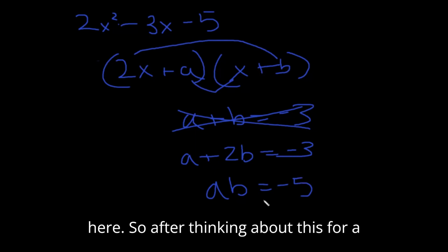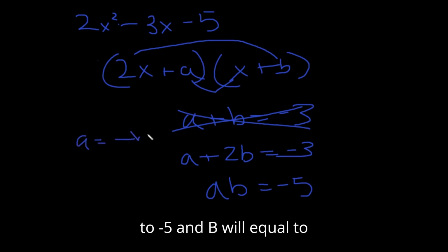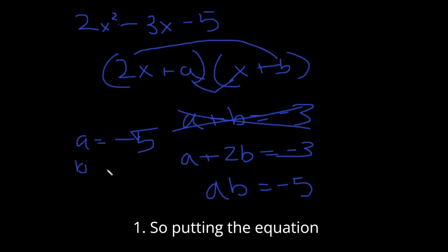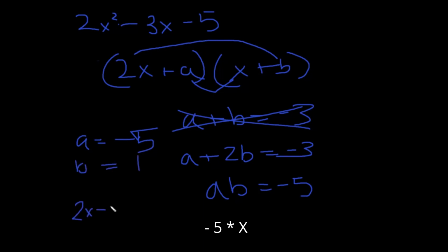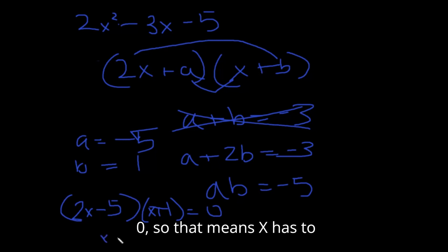So after thinking about this for a while, you can deduce that a will equal negative 5 and b will equal 1. So putting the equation together, you get 2x minus 5 times x plus 1 is equal to 0. So that means x has to equal either 5 over 2 or negative 1.